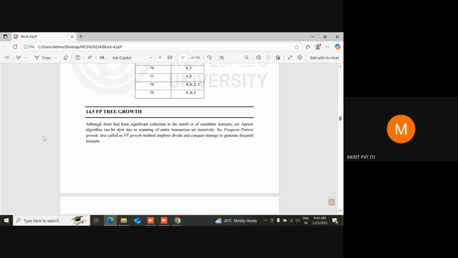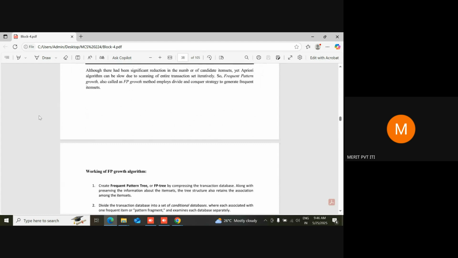So the frequent pattern growth, also called the FP growth method, implies a divide and conquer strategy. When you divide and then conquer, you make the system smaller and you get results faster.